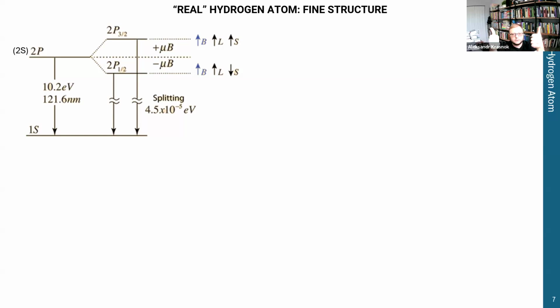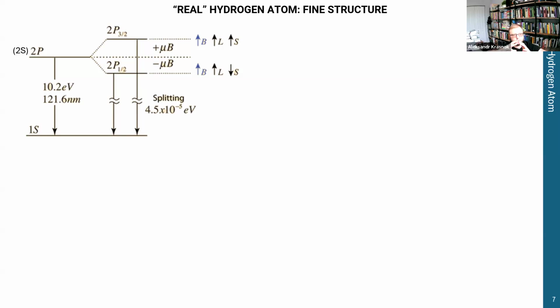They can align either against each other or in parallel, right? And these two configurations have different energy. If you ever played around with magnets, you can arrange two magnets in parallel, but if you change this configuration a little bit, it can be stable, or it will transition to the opposite state. Something similar happens here.